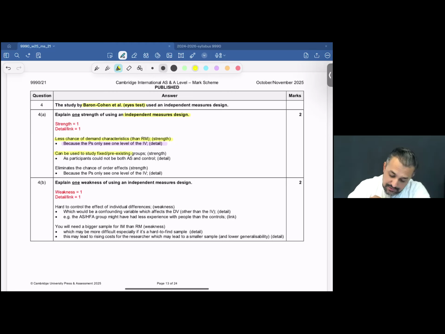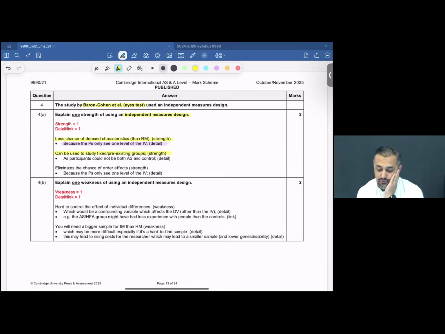Number 2, another possible example: this can be used to study fixed or pre-existing groups, as participants could not be both Asperger's syndrome participants, also referred to as autistic participants, and be in the control group. In this study by Baron-Cohen, the participants were divided into 4 groups, and only the first group comprised individuals who had Asperger's syndrome or high functioning autism.